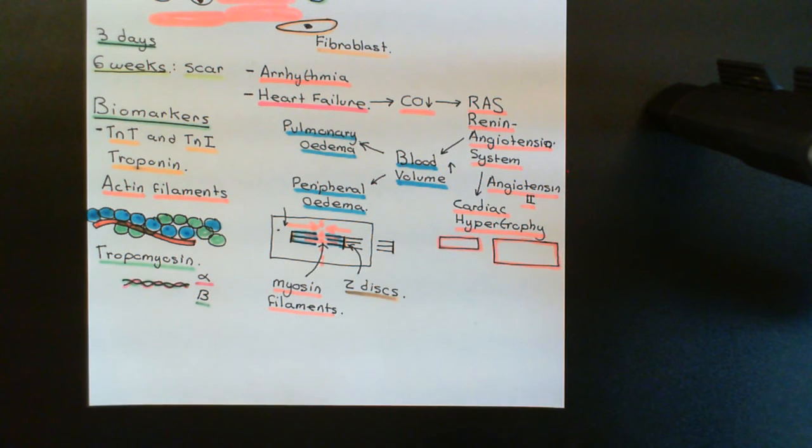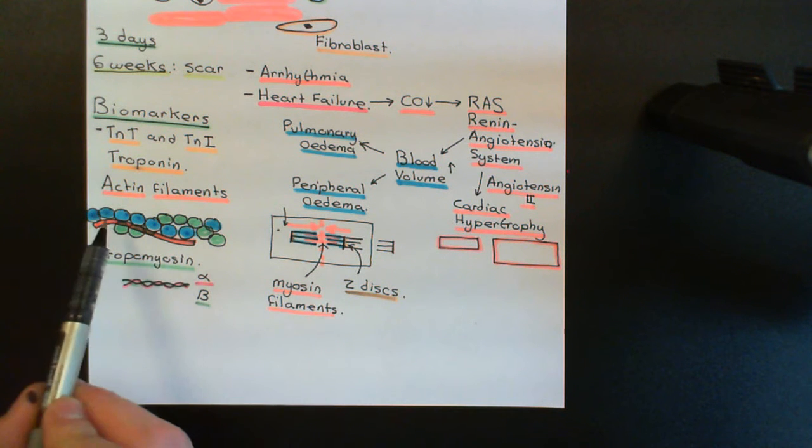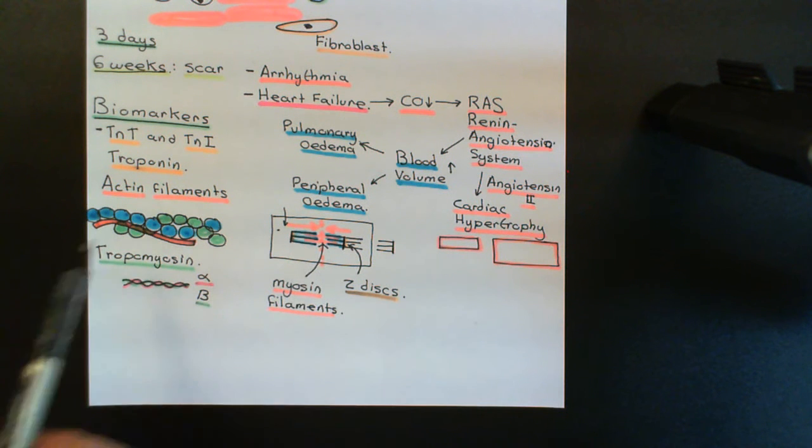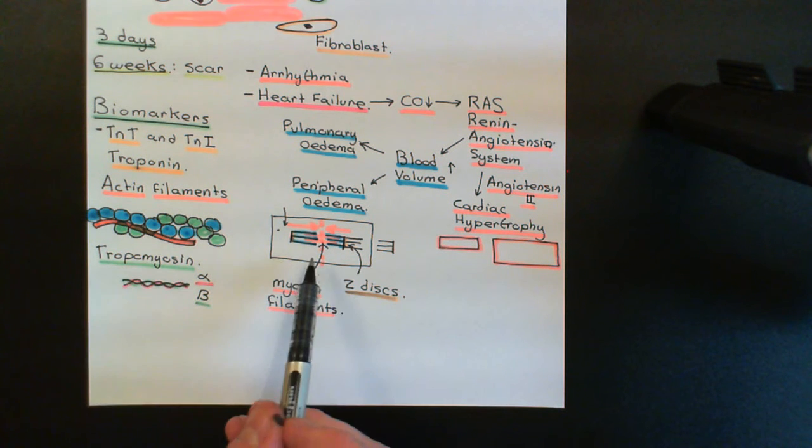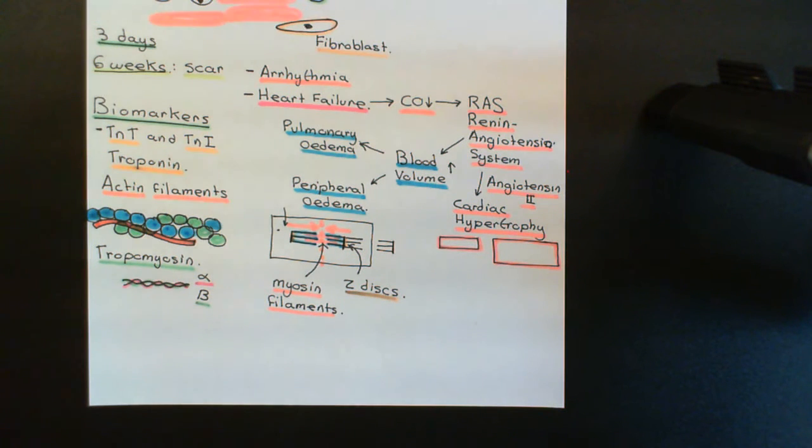And by the way, the way in which the myosin filaments can interact with the actin filaments is that the myosin monomers of the myosin filament interact with the actin monomers of the actin filament. Okay, so by blocking the actin monomers, we are blocking the myosin monomers from being able to interact with the actin monomers, and thereby blocking the myosin filament from being able to interact with the actin filament.